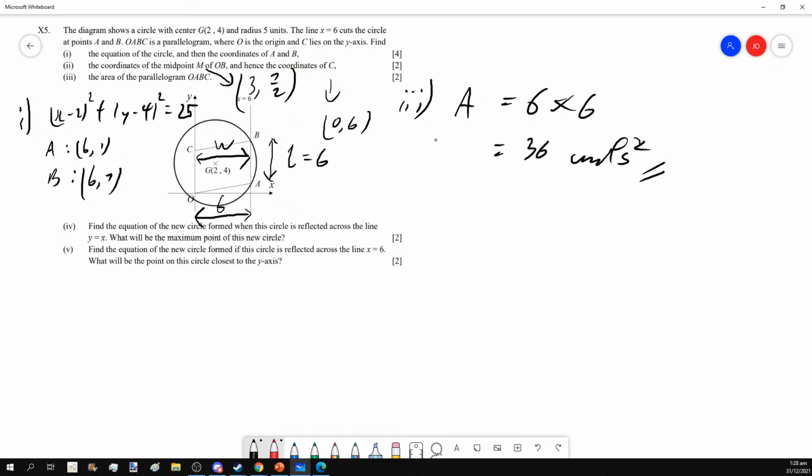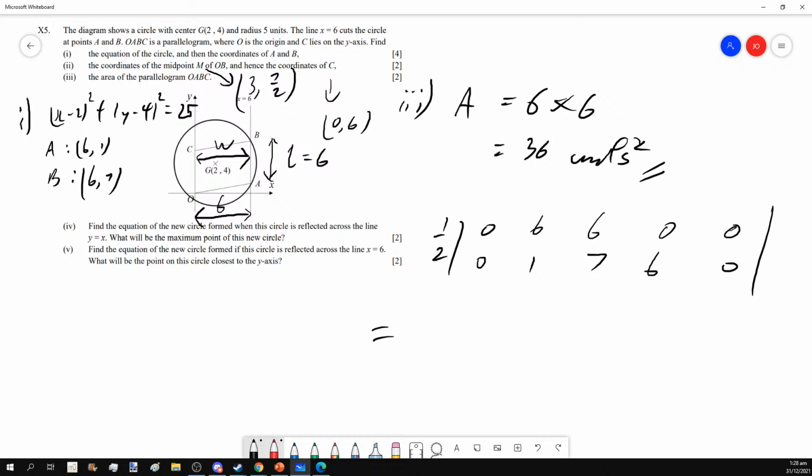Alternatively, you can just do the shoelace method. We can start from the origin, 0,0, and then afterwards we can go anti-clockwise. So A will be 6,1, B will be 6,7, C will be 0,6. Don't forget to go back to the start, 0,0. Now that you have all of this, then we can go on to do all the multiplication.